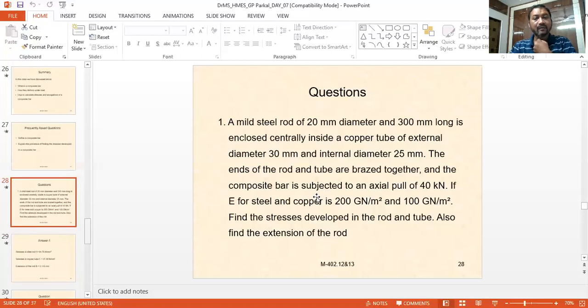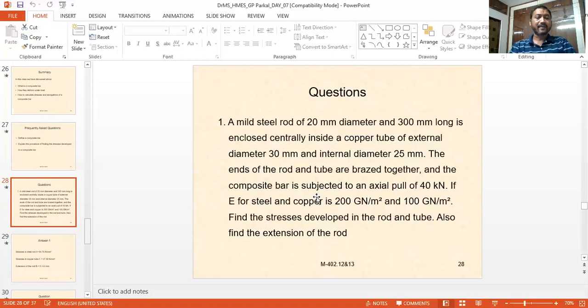Here we have a copper tube and also a steel rod, an MS rod and a copper tube. It is subject to some kind of load, 40 kN, and the Young's modulus of the two materials are given.